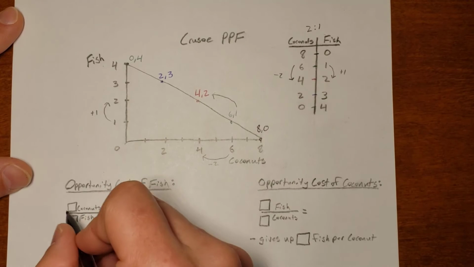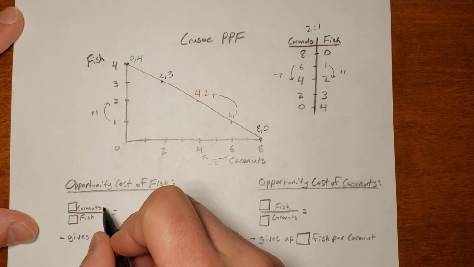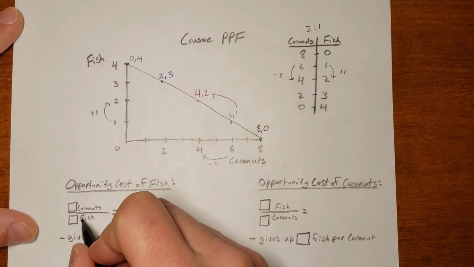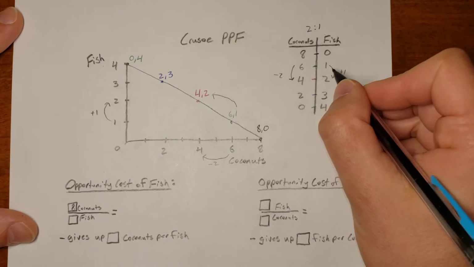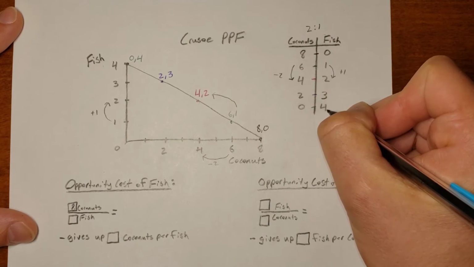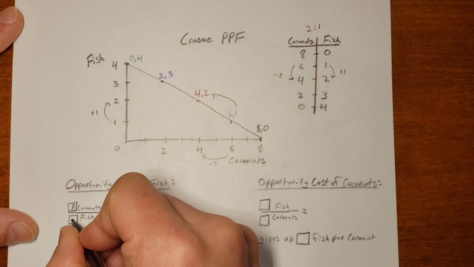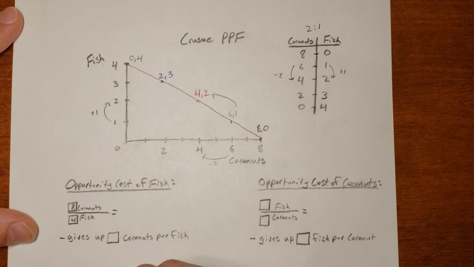Okay, so we're going to put that number here, because if we want to figure out what is the opportunity cost of every time he catches a fish, we're going to say, all right, well, how many coconuts could he produce? It's 8 coconuts. And what is the maximum number of fish that he could be producing? Well, it's 4. Okay, so we're going to put 4 in there.